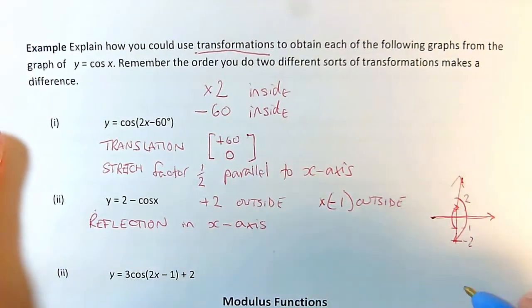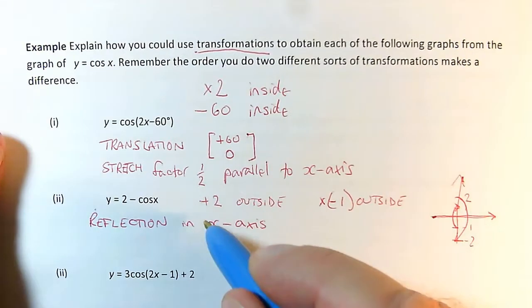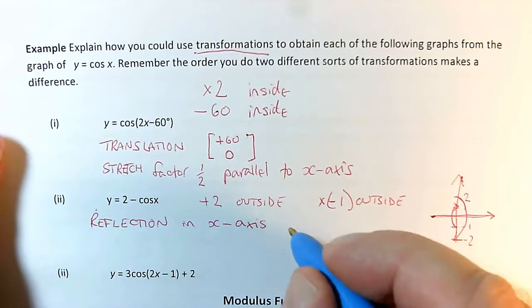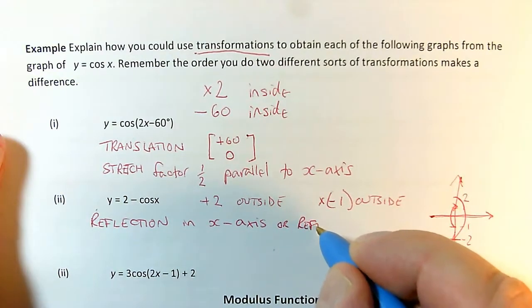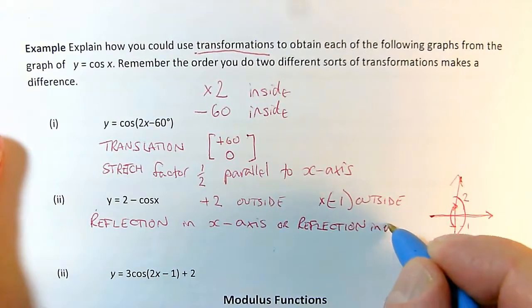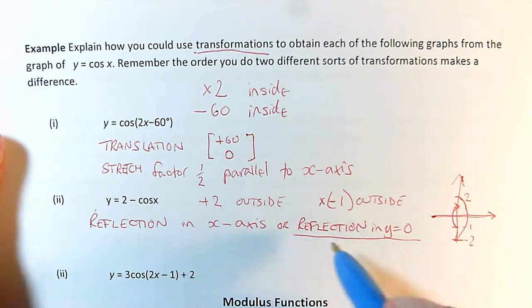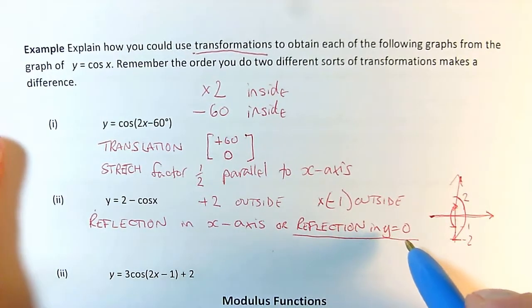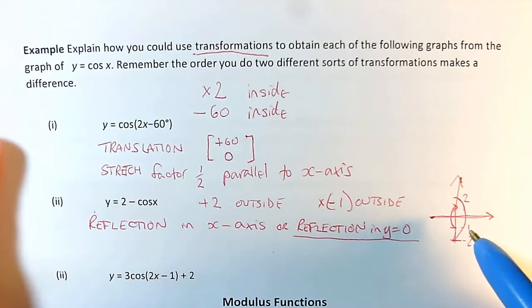That is a vertical change. But if you really want to get y into this, we could say it's a reflection in y equals 0, the other name for the x-axis. You may prefer to state it that way because you can actually see the y. The y equals 0 matches the fact that y coordinates are mucking about, not x coordinates.